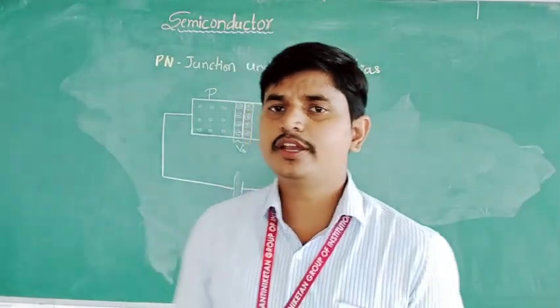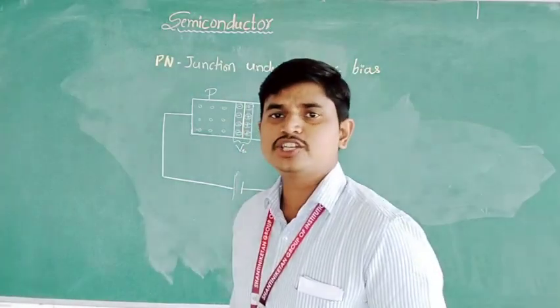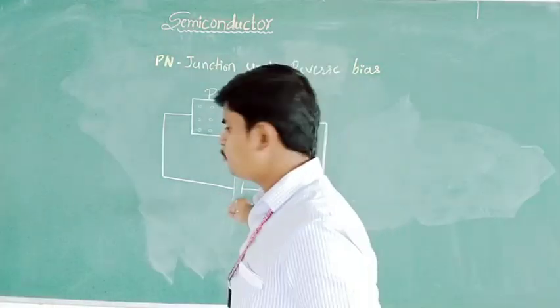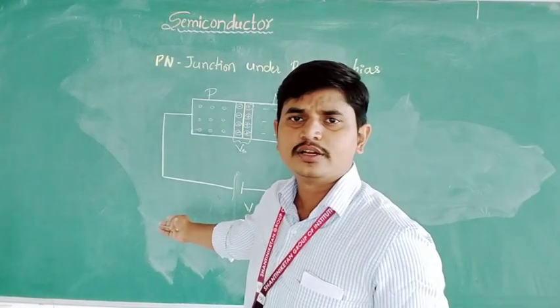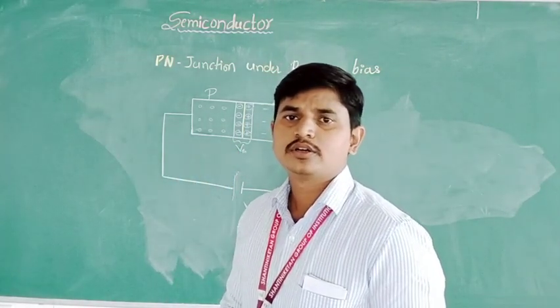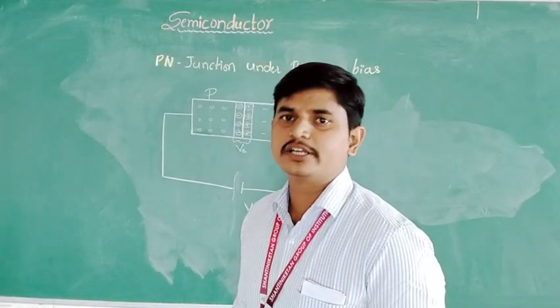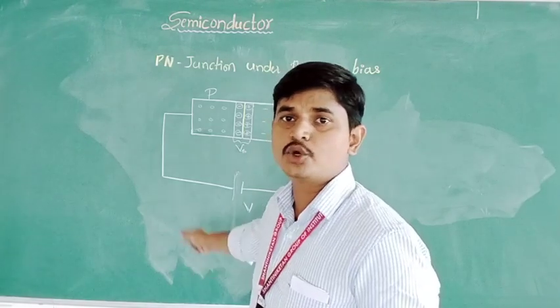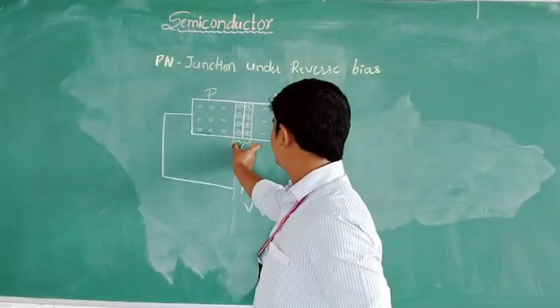One more thing here, once the barrier potential equals the applied voltage. As the applied voltage increases to a particular voltage called the cut-in voltage, what happens here? That applied voltage is equal to the barrier potential.